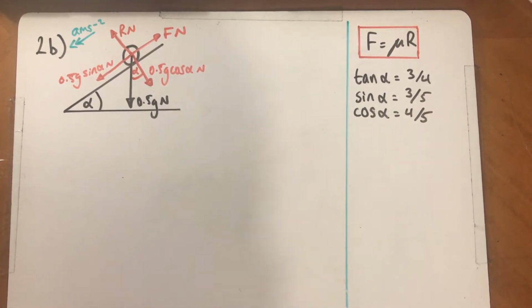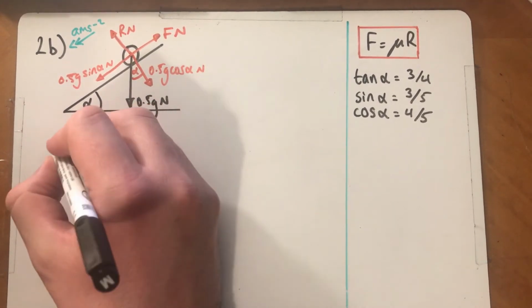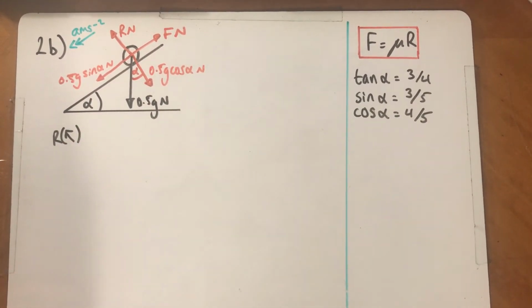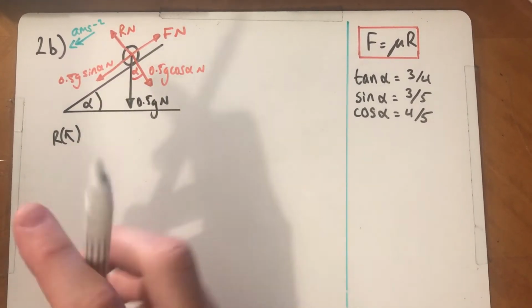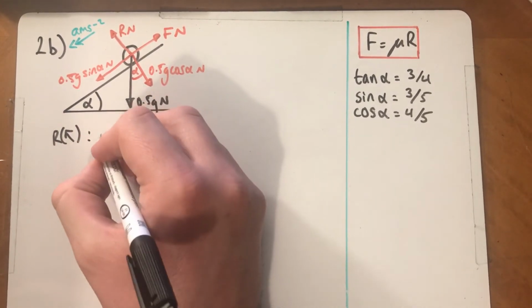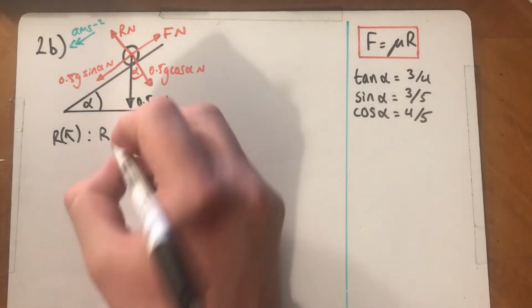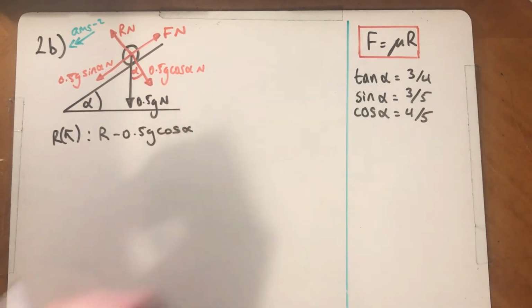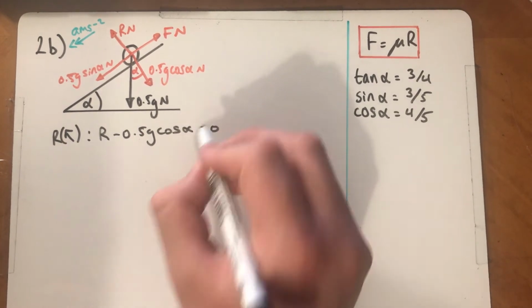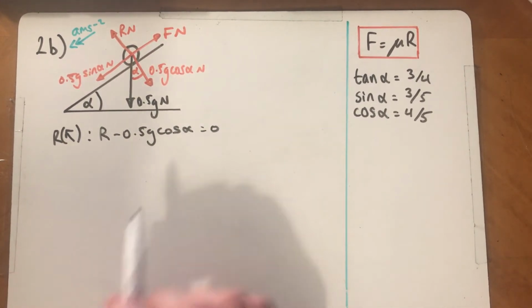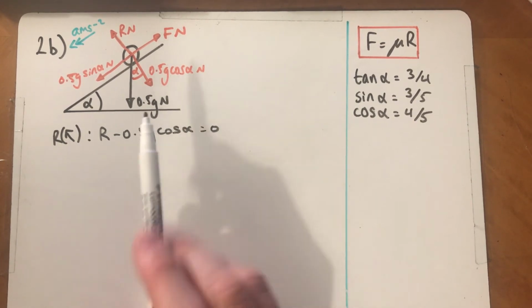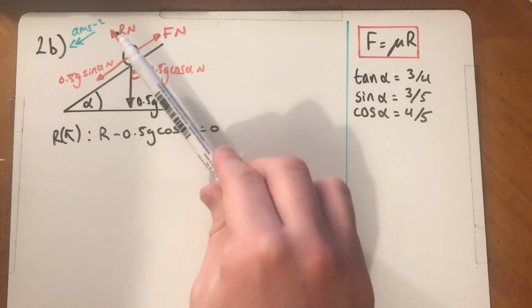So I can now start to resolve. I'm firstly going to resolve perpendicular to the slope, keeping this direction as positive. So R minus 0.5g cos alpha is equal to 0. Just applying Newton's second law of motion, the sum of forces is equal to mass times acceleration, and the particle is not accelerating in this plane.